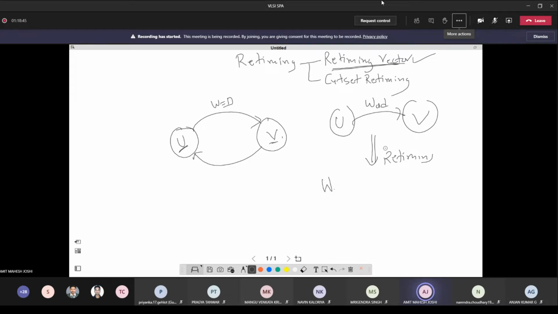Then there is an equation mentioned in the previous slide: W new is equal to W old plus R of V minus R of U. So if for this particular graph I apply a retiming concept, I will have a new graph with U and V, which is a retiming graph.